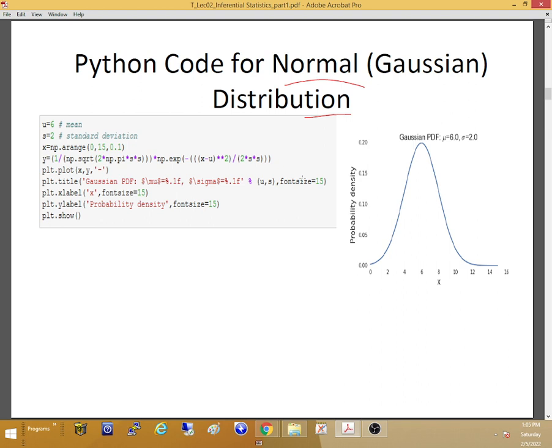So now first the use of the normal distribution. We can see an example: 95% of the students at a school are between 1.1 meter and 1.7 meter tall.